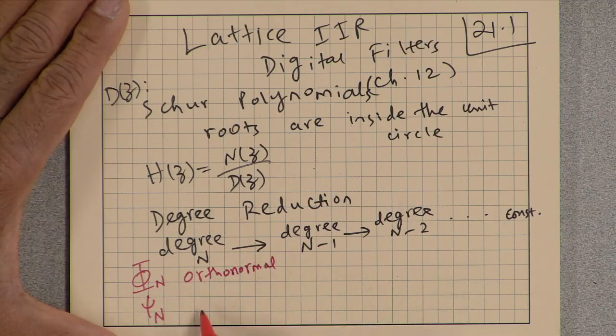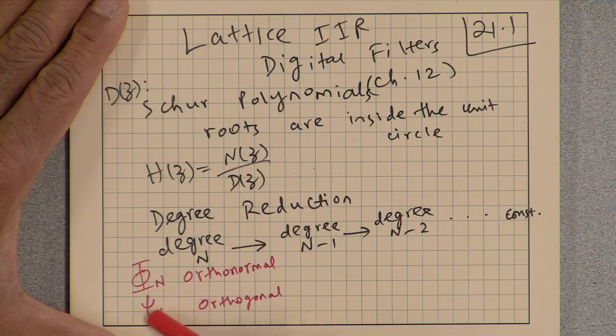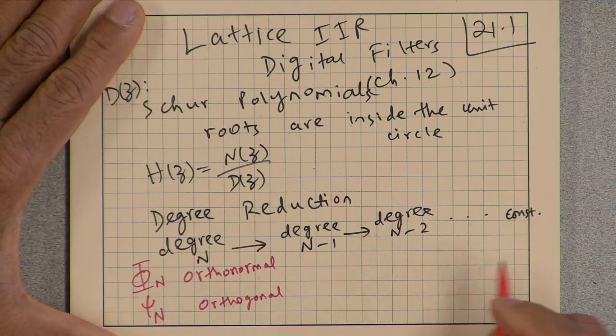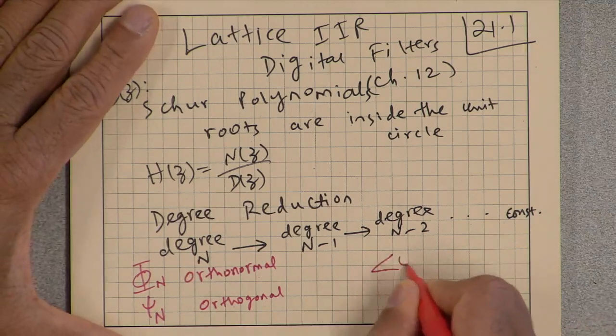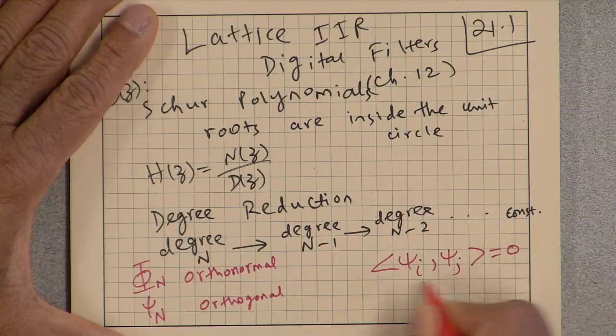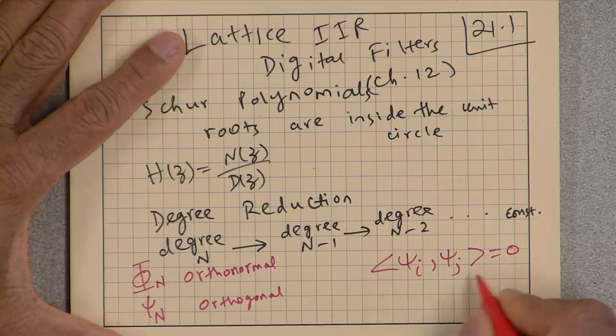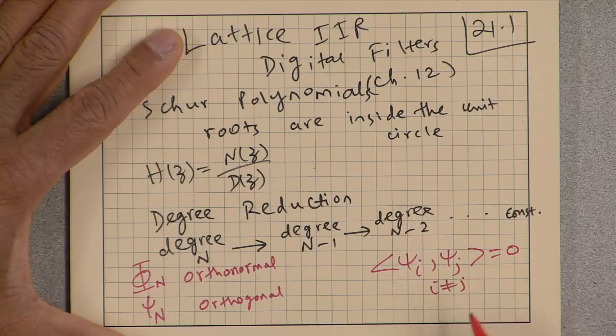So there is a difference between orthonormal and orthogonal. Basically, the definition of orthogonality: the inner product of psi i and psi j is 0 if i is not equal to j, and the inner product of psi i with itself is some constant.